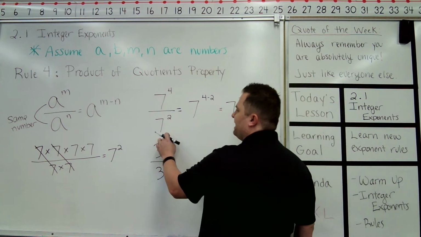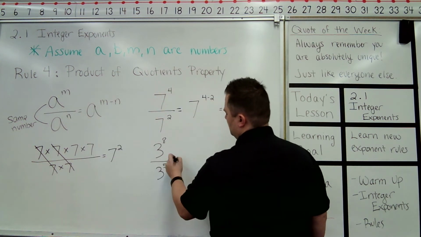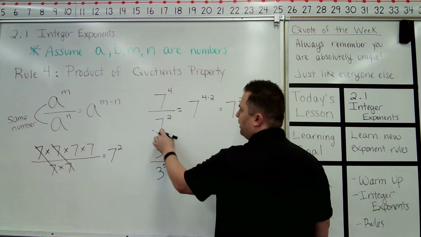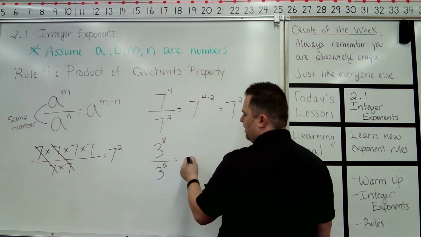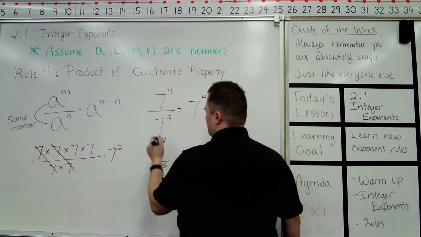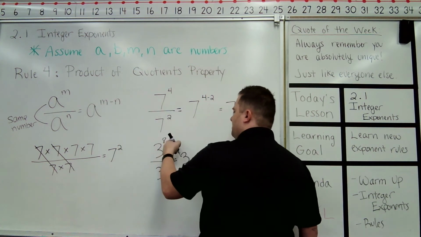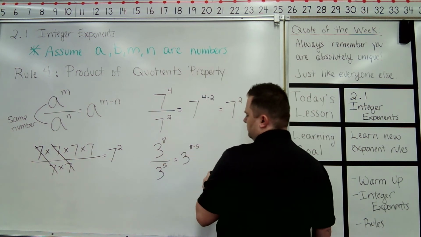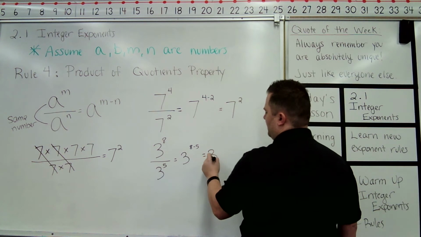The top one being m, the bottom one meaning n. I can't get this confused. The a's are 3. The top one is m, so it's 8. The bottom one is n, so it's 5. This is equal to a, which is 3, to the m minus n. So m was 8 minus 5, also known as 3. So this is 3 to the 3rd.